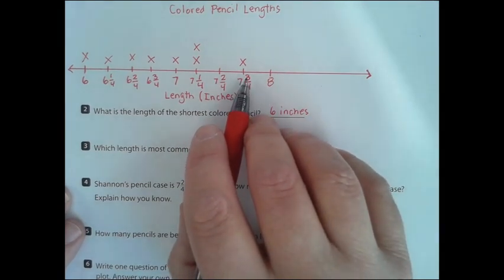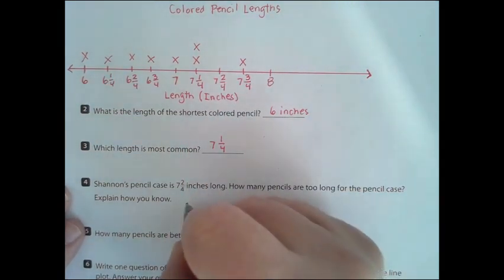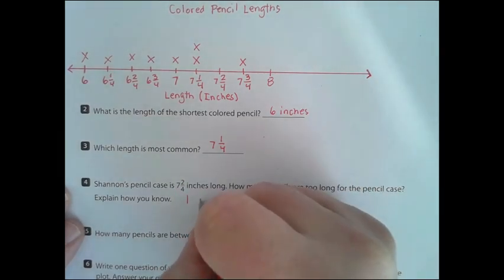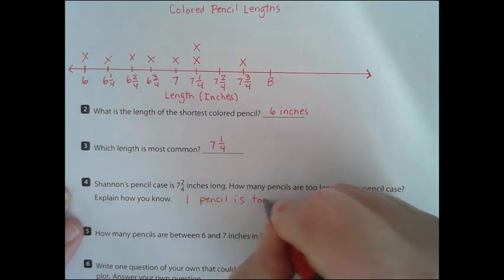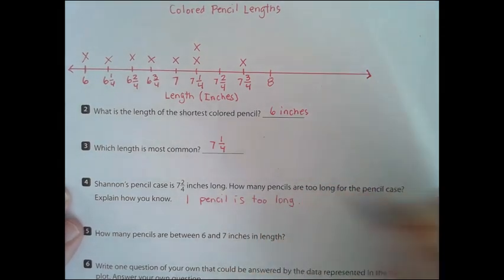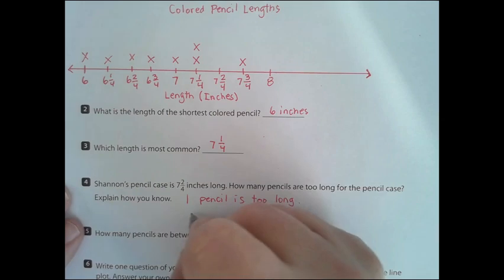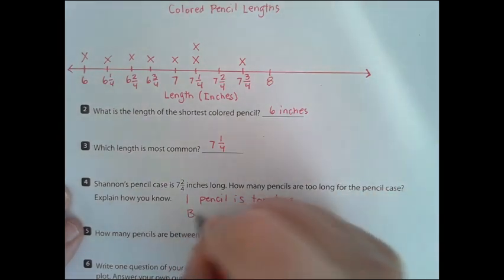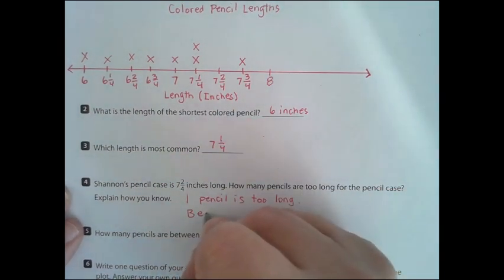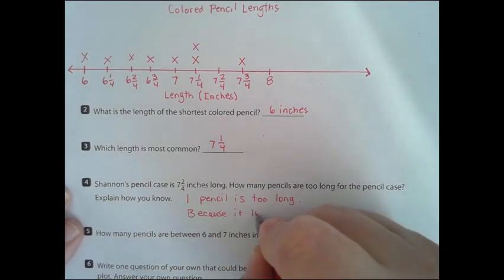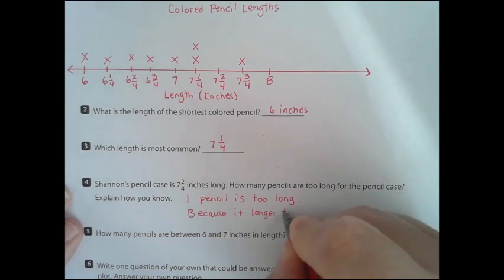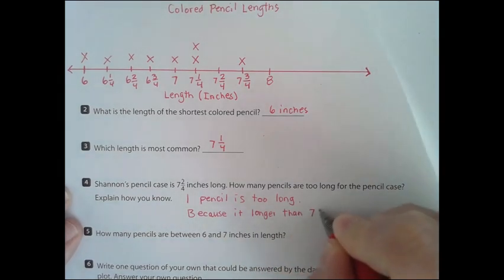It's like 1/4 of an inch too long. So we have one pencil that is too long. And how do we know? It's because it's larger than 7 2/4. Or I should say it's longer than 7 2/4.